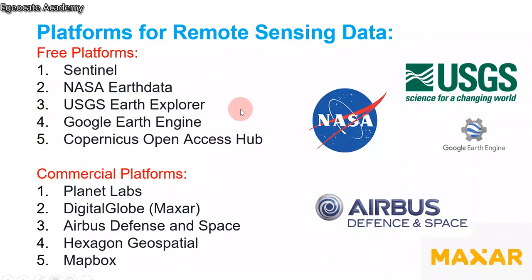You can just create an account with your email and download the data freely. And also we have commercial platforms such as Planet Labs, Maxar, Airbus Defense and Space, and also Hexagon Geospatial and Mapbox, and also other platforms which I will discuss in the course in detail.